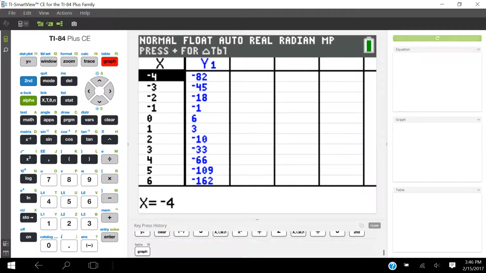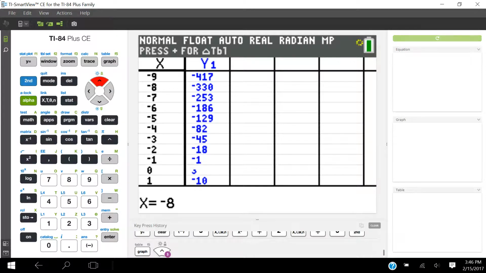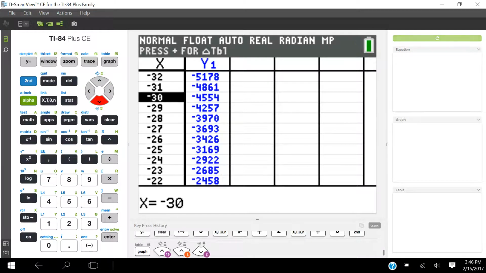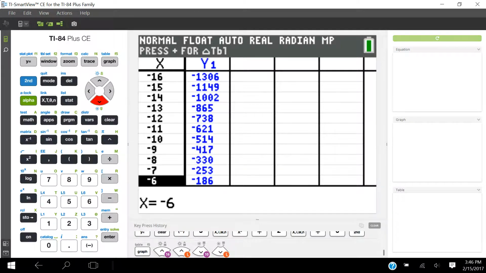Second graph. I'm looking for, oh, now I'm going to have to do some work because I'm going to have to go to -31. So -31 is -4,861. Then I'm going back down to -9. Okay, -9 is -417.